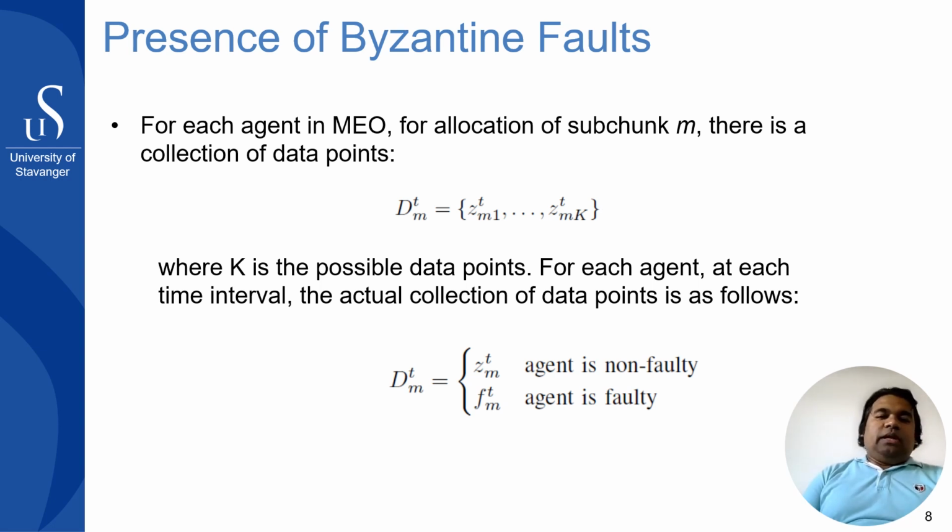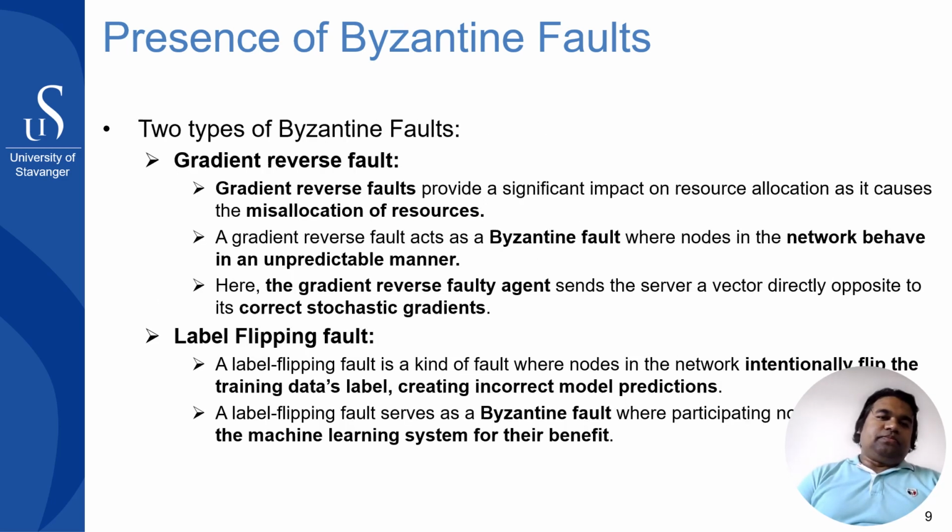And now there will also be some faulty data, like FMT. So for each agent at each time interval, the actual collection of data points can be of two types, ZMT and FMT. ZMT is when the agent is non-faulty, and FMT is when the agent is faulty.